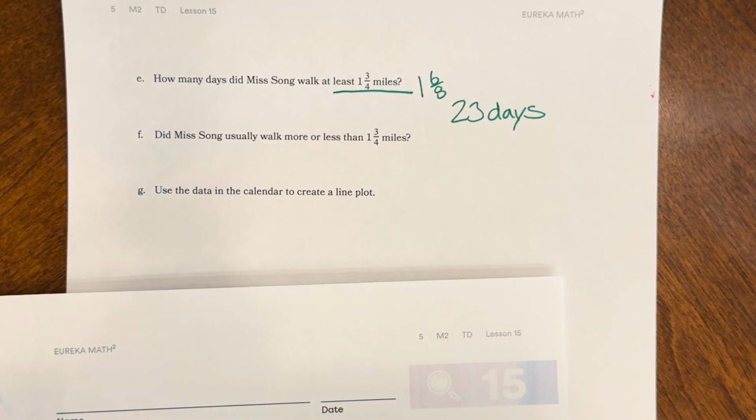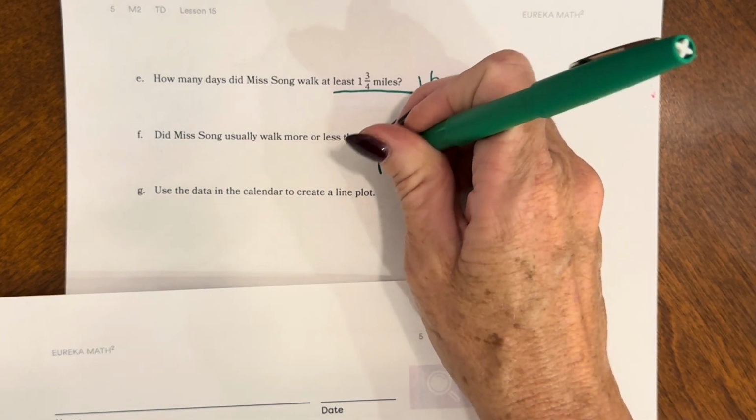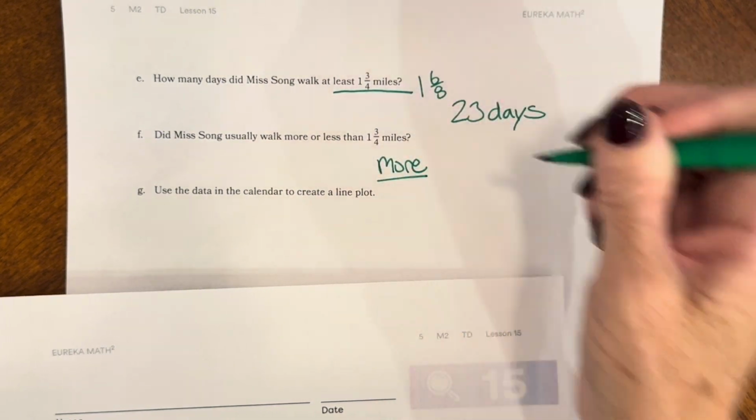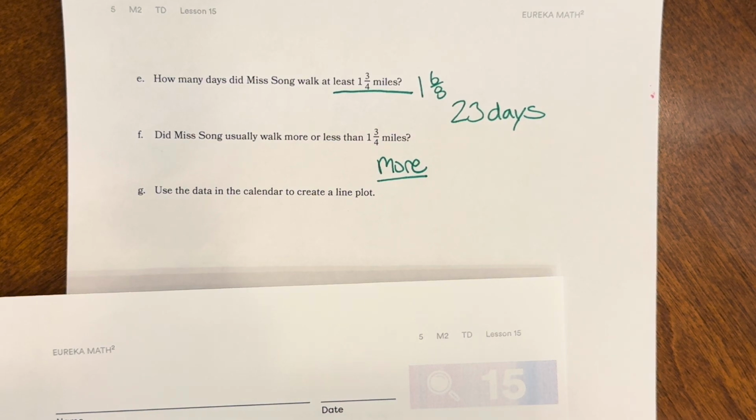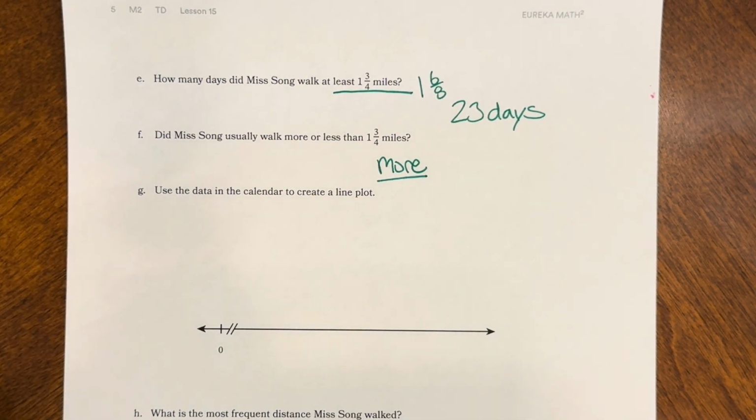Okay, our next question is, did Miss Song usually walk more or less than 1 3/4 miles? Well, if she did it on 23 days, then she usually walked more than 1 3/4 miles.